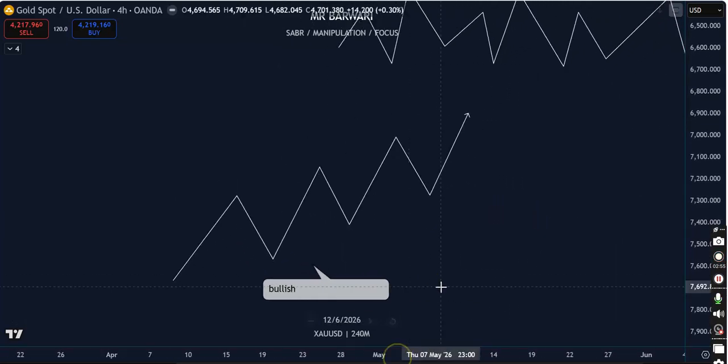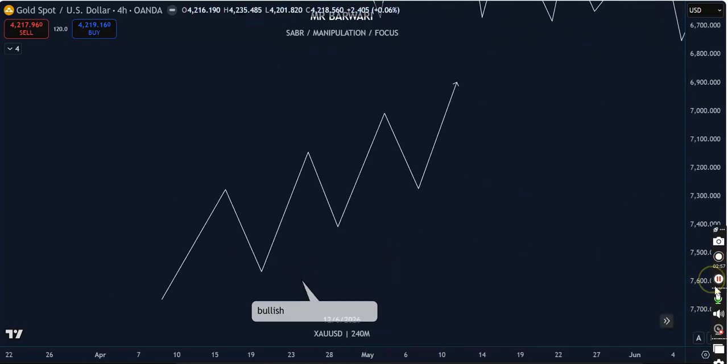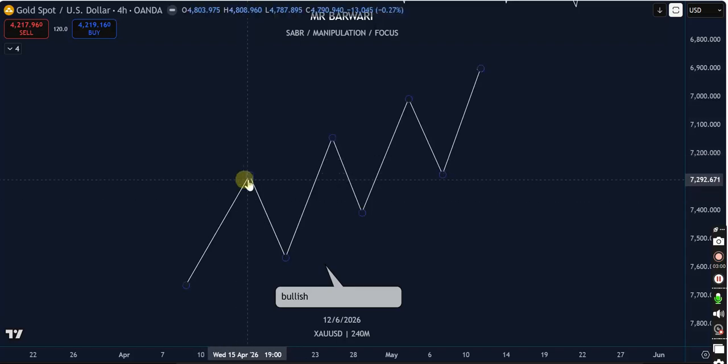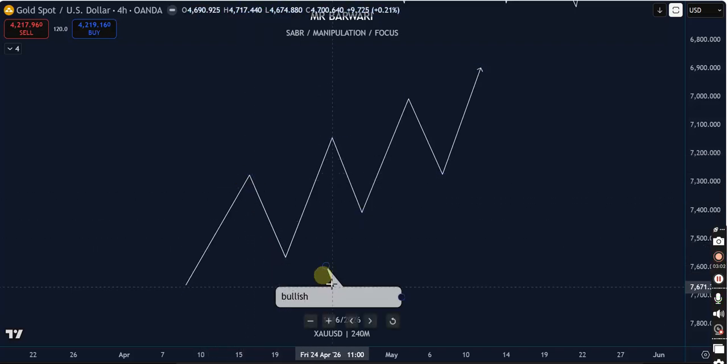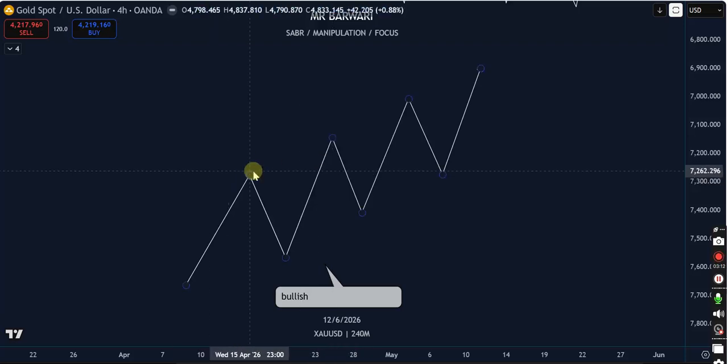As you notice with the bullish structure, every time we make a high, we come back and make a low. Every time we make the low, we go up and make the high. We break that structure. That's the break of structure. We break that structure to the left, go up.